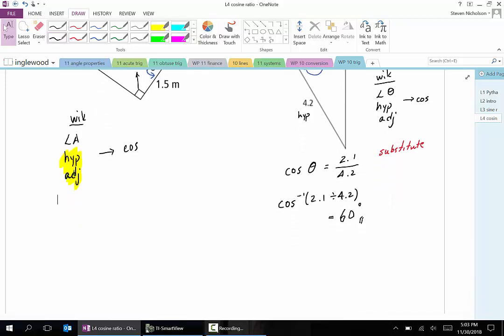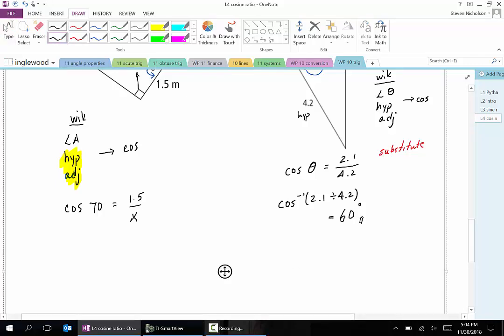So we're going to go ahead and substitute. The cosine of 70 degrees is equal to the adjacent side over the hypotenuse. So again, what we've simply done is we've substituted in.